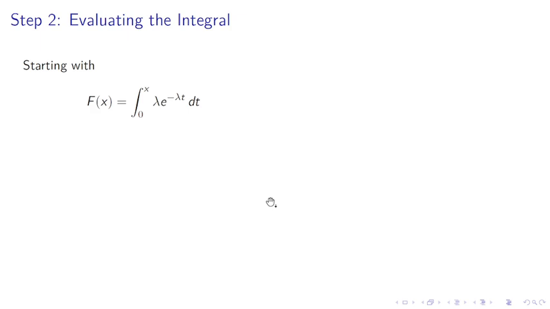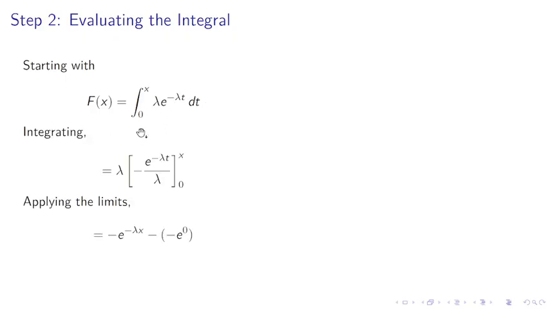Integrating it, the constant lambda comes out, and the integral of e power minus lambda t is e power minus lambda t divided by minus lambda, so lambda gets cancelled, and we get minus e power minus lambda t from 0 to x. Applying the limits, upper limit e power minus lambda x minus the lower limit e power 0.